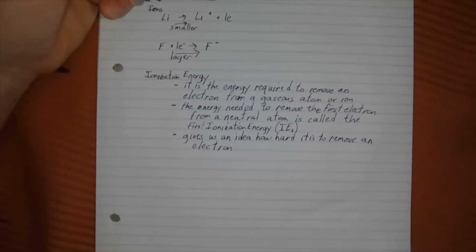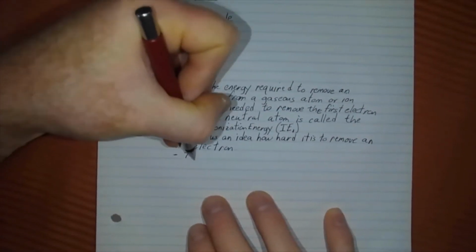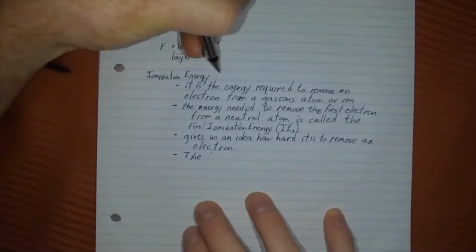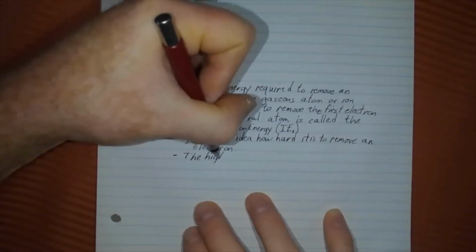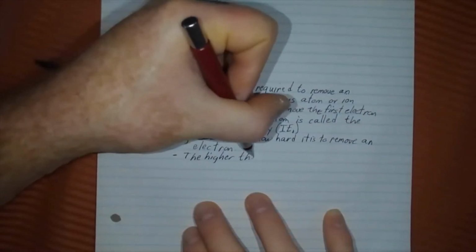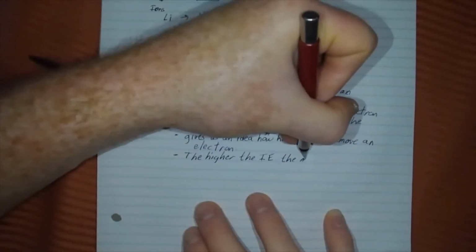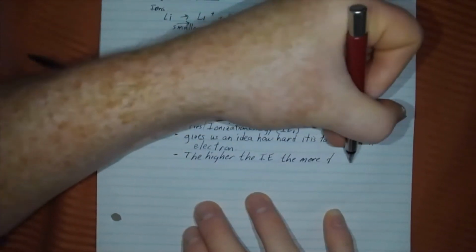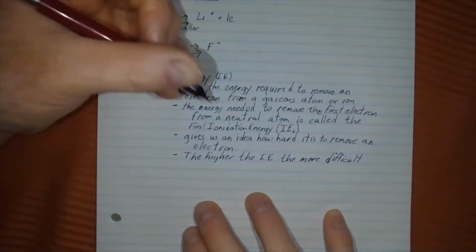The higher the energy, the more challenging it is to remove. The higher the ionization energy, the more difficult the electron is to remove.